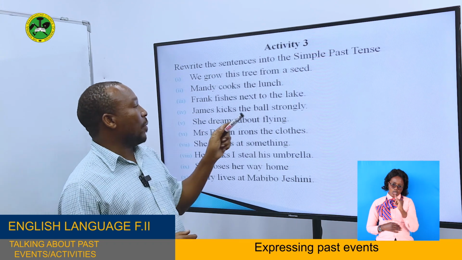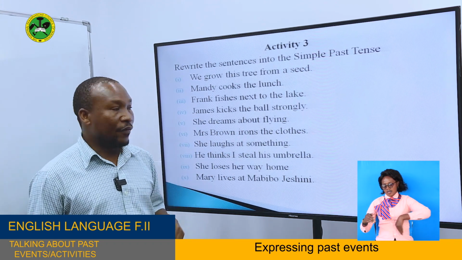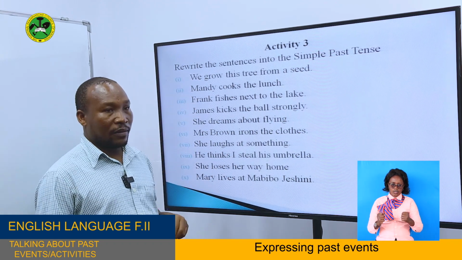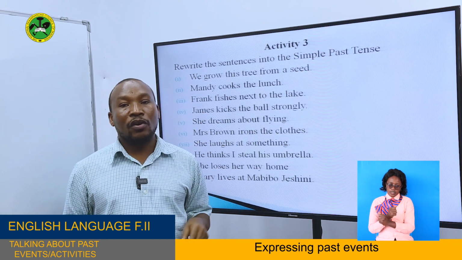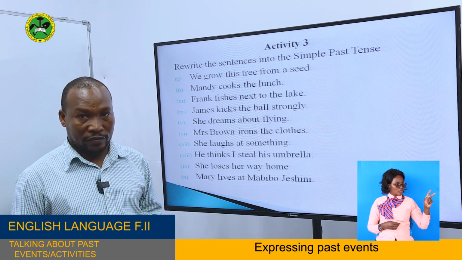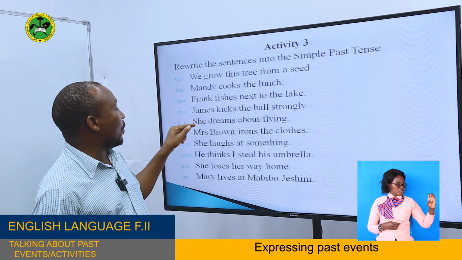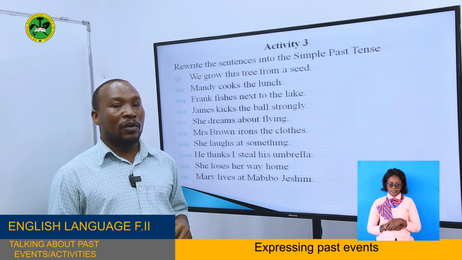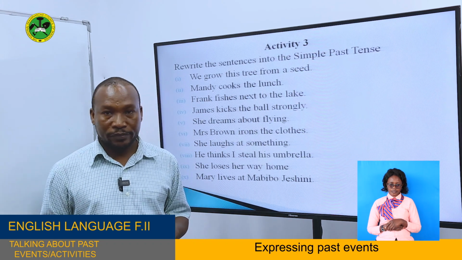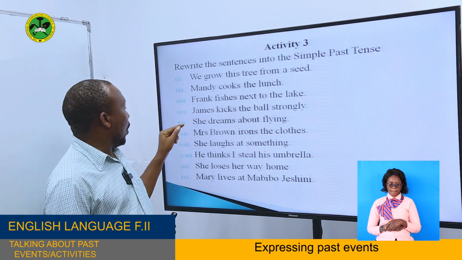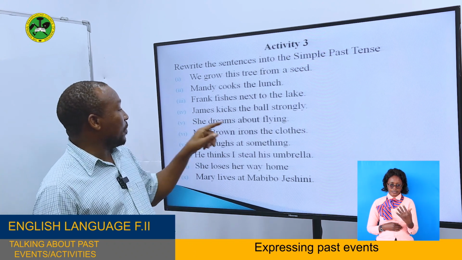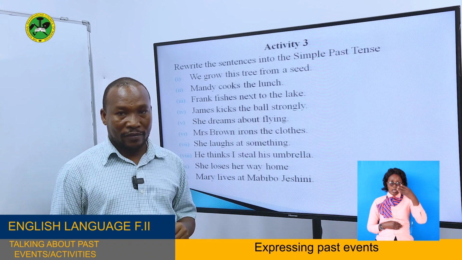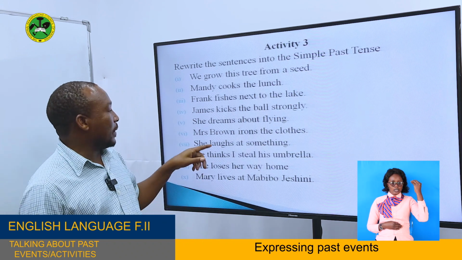James kicks the ball strongly. The verb is kick, and the verb kick takes the ed inflection. It will be now, James kicked the ball strongly. Roman 5. She dreams about flying. The verb is dream.